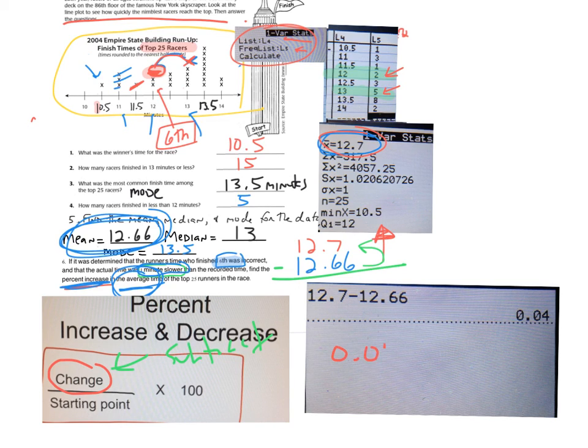We're now going to divide that by the starting point. Well, the average went from 12.66 up to 12.7. So 12.66 is my starting point. So I'm going to do 0.04 divided by 12.66 and then multiply that by 100.